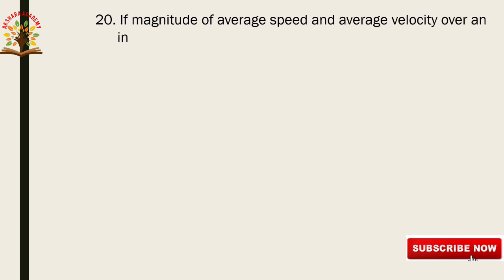Question number 20. If magnitude of average speed and average velocity over an interval of time are the same, then a particle should have the same distance and same displacement in order to have equal average speed and average velocity, which is only possible in the case of an object moving on a straight line without turning back.